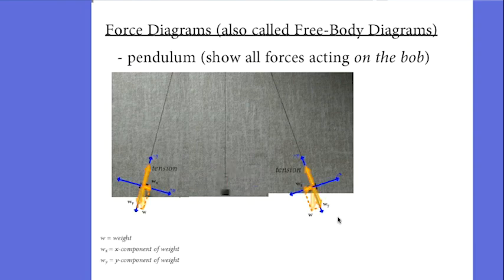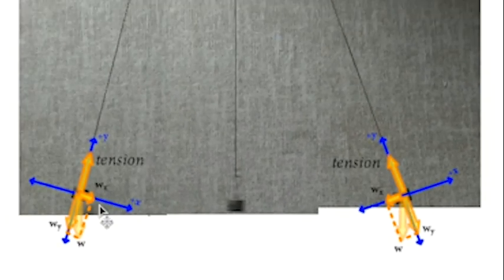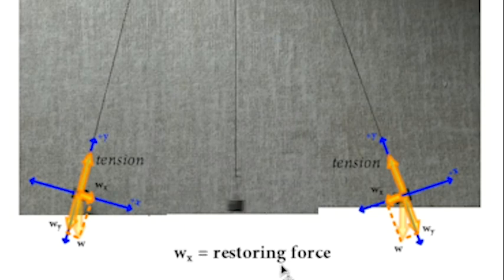At any point in the swing, other than the equilibrium point, we see that the weight will have a component of force unopposed in the x direction. We also see that the component is always back towards the center, attempting to restore the pendulum bob to the equilibrium point. For that reason, the x component of weight is called the restoring force.